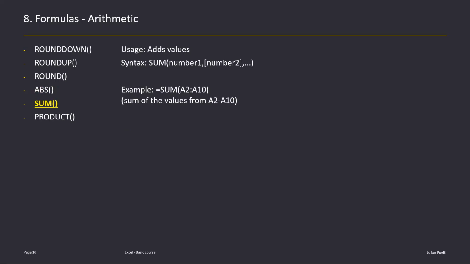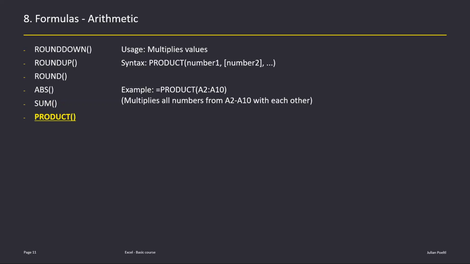The SUM function adds values, so you can, for example, select all the single cells if you want to have a sum, but you shouldn't do that. You should use the SUM function to sum up the values, for example, of a whole range. And the PRODUCT function multiplies values, for example, multiplies all the numbers of a certain range with each other.